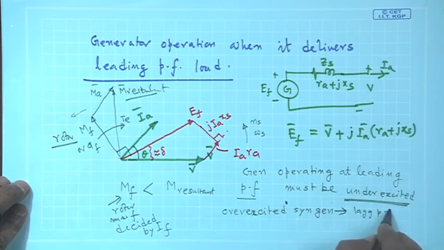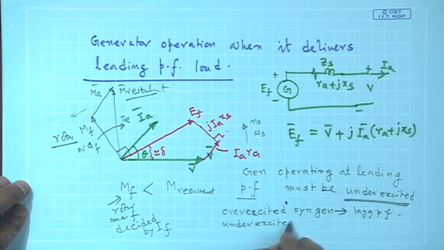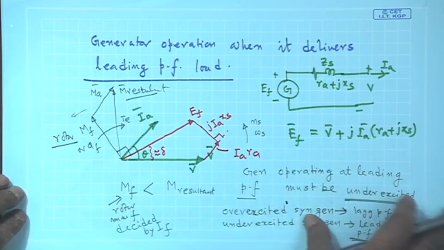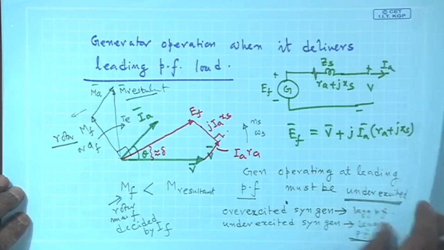An under excited synchronous generator will supply a leading power factor load. Is that clear? Therefore, this is how this can be done.